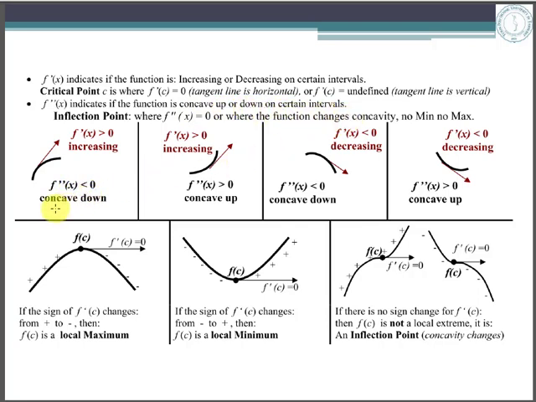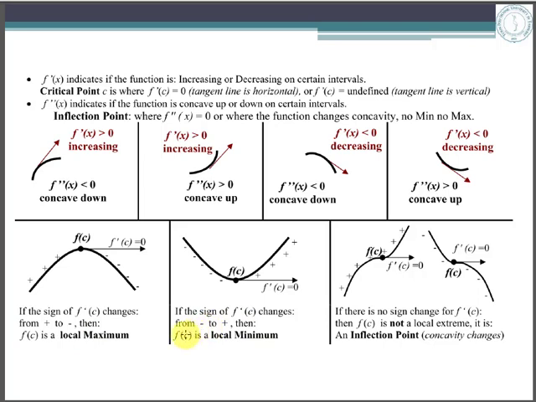If it is less than 0, it is concave down. If it is greater than 0, it is concave up. And then we can find the local maximum and local minimum, and how to find them with the first derivative again. If it changes sign from plus to minus, it will be a local maximum.